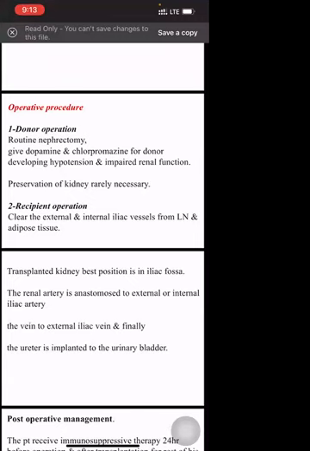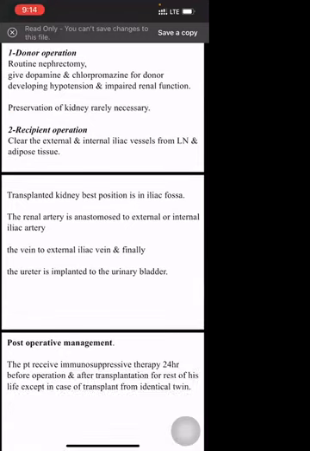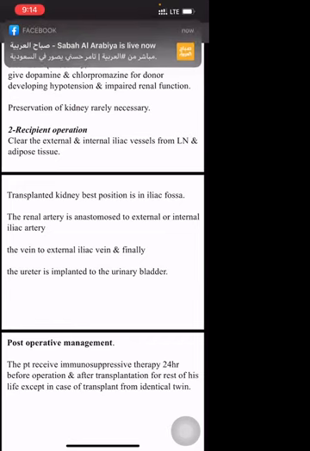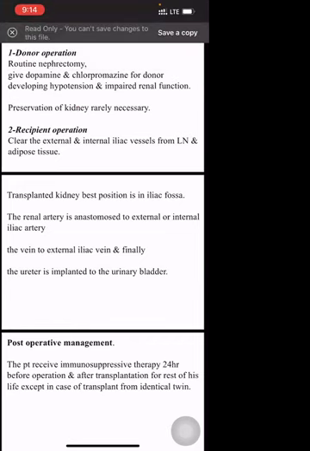Recipient operation: clear the external and internal iliac vessels from lymph nodes and adipose tissue. The best position for the transplanted kidney is in the iliac fossa, on the right side. The renal artery is anastomosed to the external or internal iliac artery.